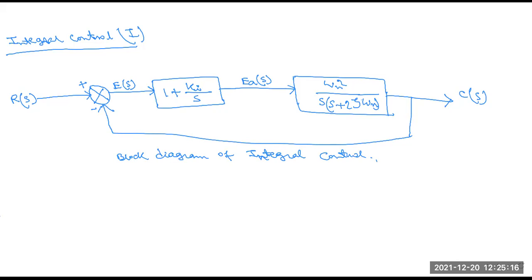Okay, so this integral control action, basically the actuating signal, consists of the proportional error signal, which is added with the integral of the error signal.